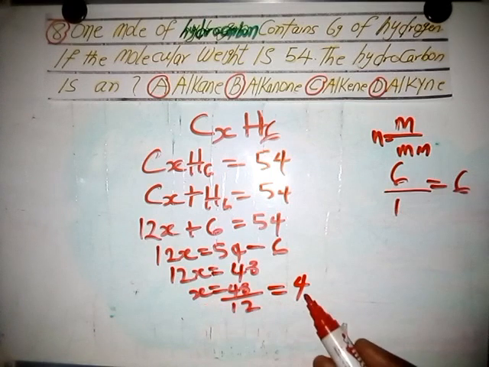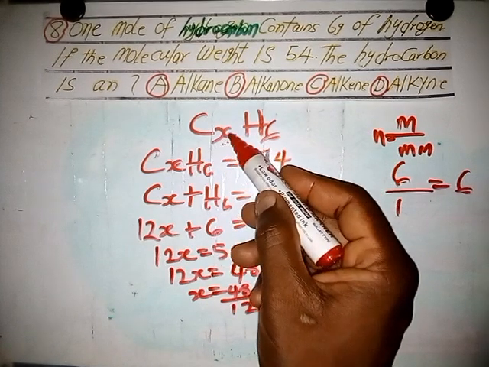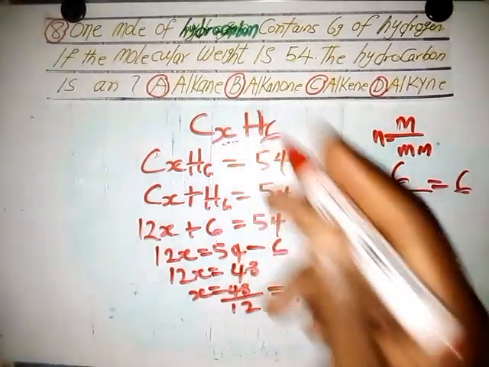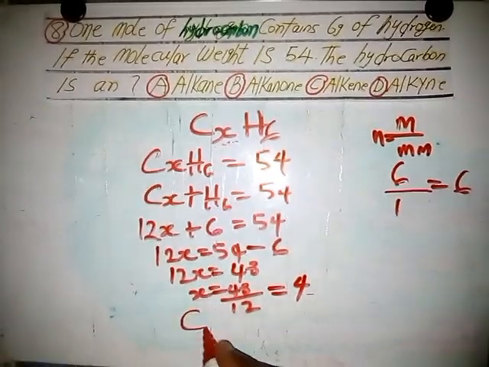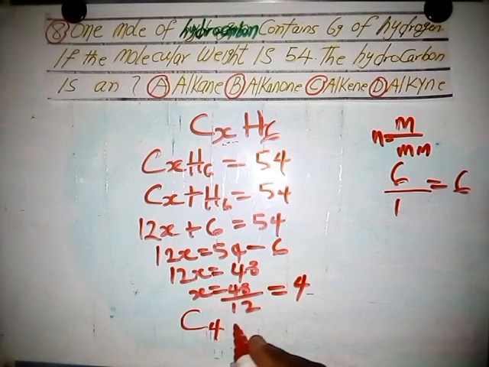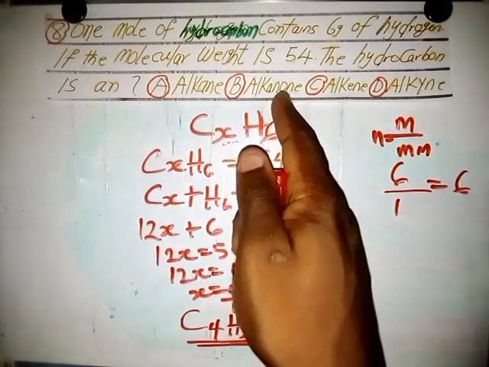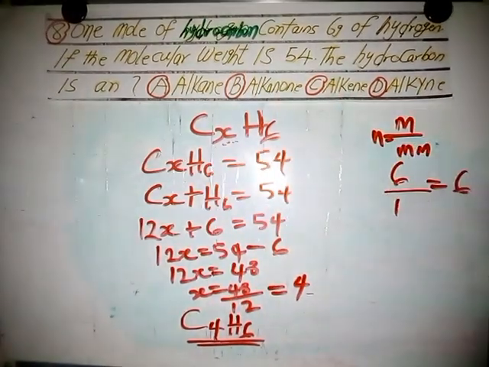Since x is 4, I will now put it into this compound so that I will know the formula of this compound. This is C4H6. But we have to find out whether it is an alkane, alkene, or alkyne.